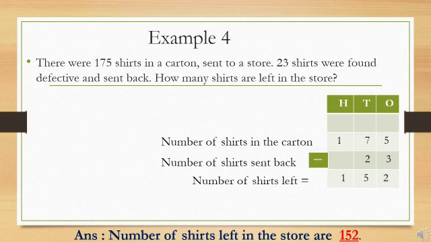It will be like 1 minus 0. We know if we subtract 0 from a number, then the answer is the number itself. 1 minus 0 is 1. Finally, we get the answer 152. Number of shirts left in the store are 152.